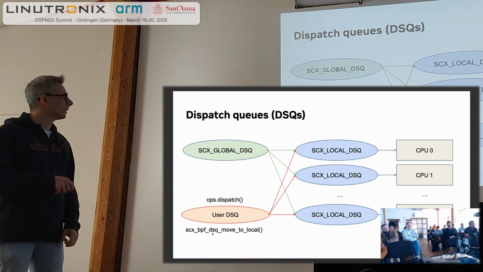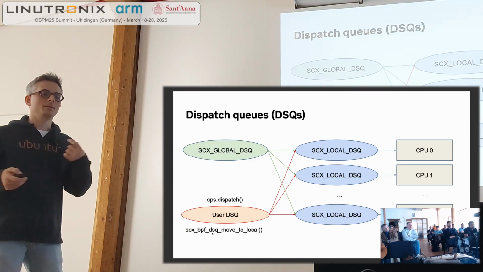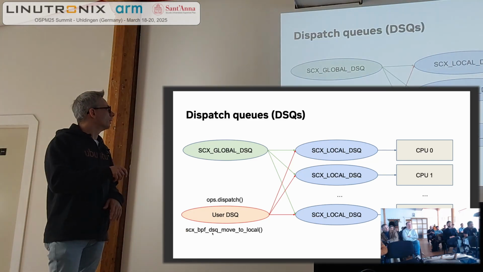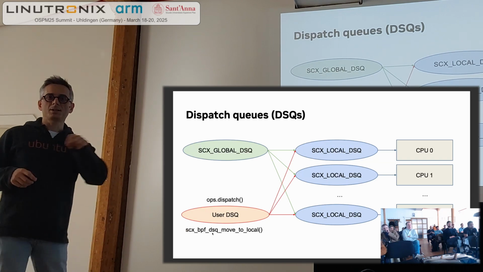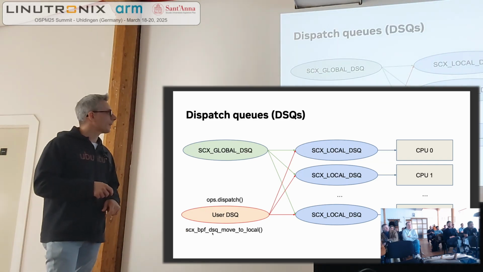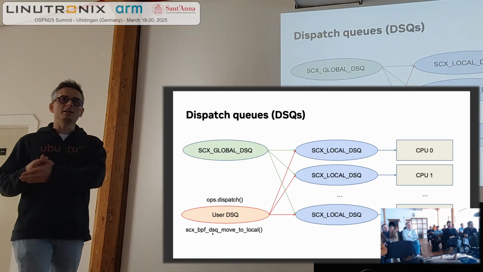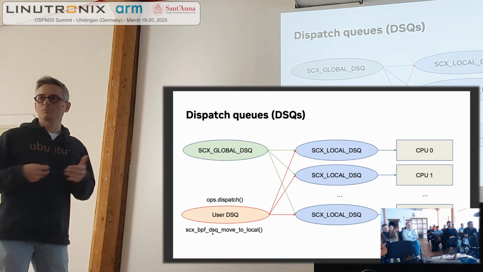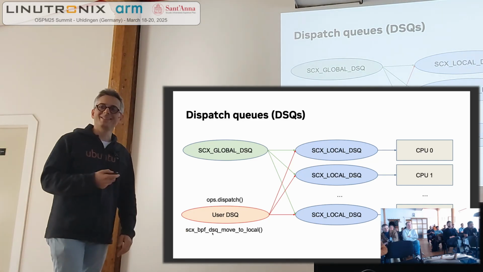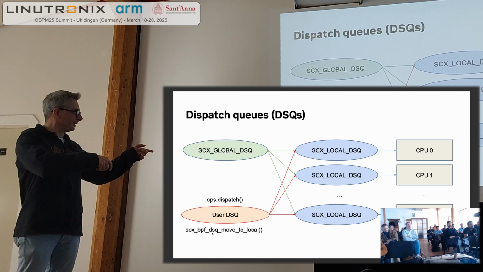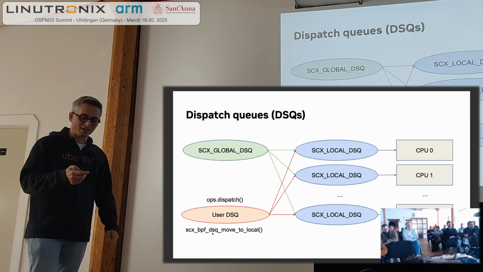So you can do vruntime scheduling or deadline-based schedulers simply by inserting a task and passing a different vtime value. You don't have to re-implement in BPF the whole RB-tree logic. Otherwise, it would be tricky. But good luck with the verifier. So that's why we have the in-kernel part for the backend here.